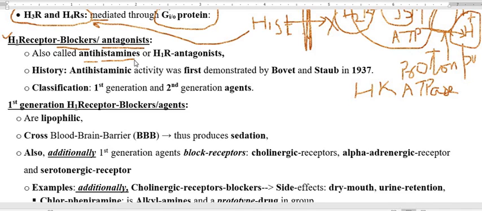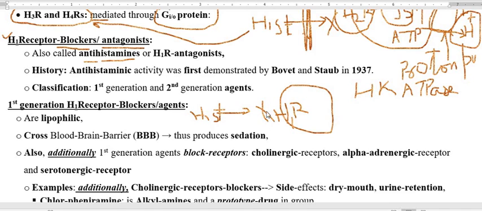So all the names are telling only one thing: when histamine attaches to the H1 receptor, it is going to produce several physiological functions. So when we are using any antagonist of the H1 receptor, what will happen? This attachment of histamine to its receptor is going to be blocked.